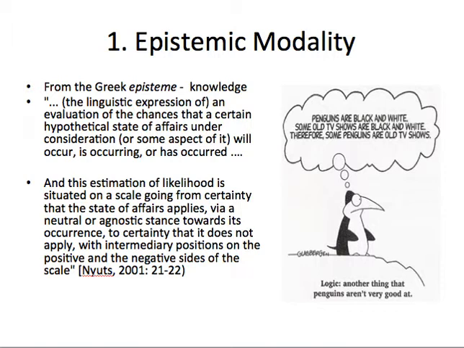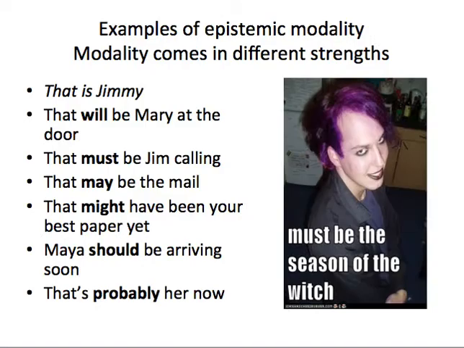So we're talking about a scale that distinguishes between that must be Tony at the door, and then moving down the scale of certainty, that might be Tony at the door, and then going negative, that can't be Tony at the door.